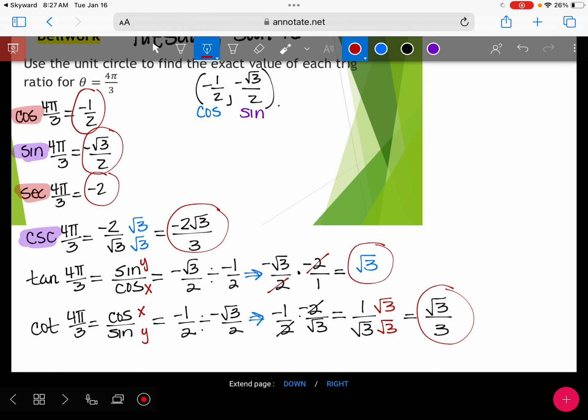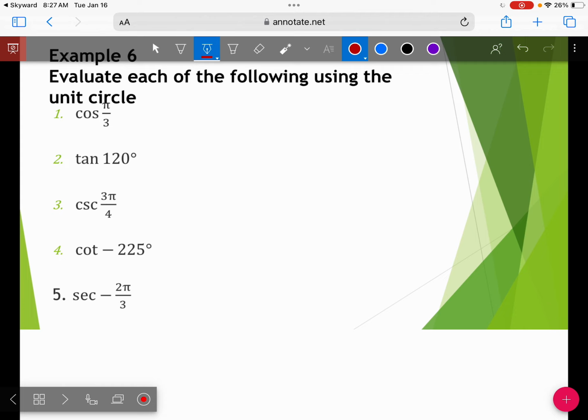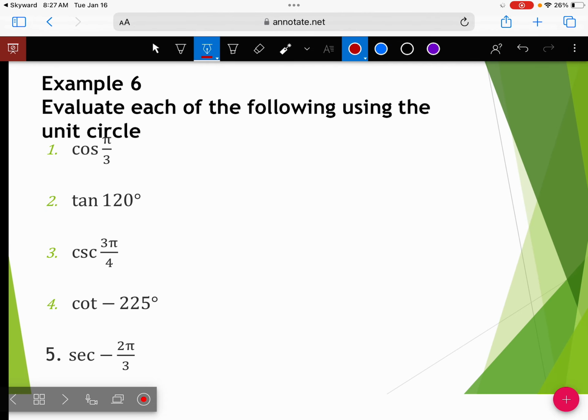Okay, so what we're going to do now is look at some practice questions. The majority of your quiz is going to look like this. You will have a couple of questions where I will ask you for all 6 for one angle, but for the majority of them, you're going to have one of the 6 ratios for one of the angles on the unit circle.